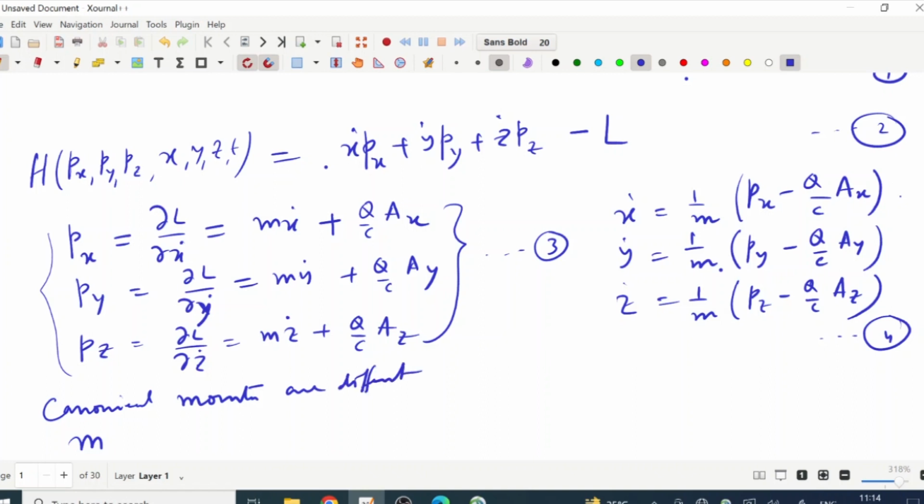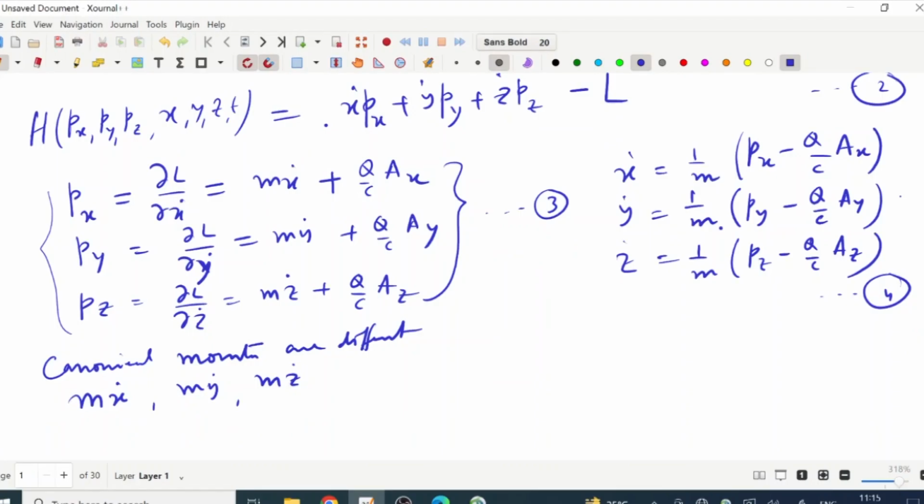In most cases the canonical momenta and the mechanical momenta are the same, but in this case the mechanical momenta are m x dot, m y dot and m z dot. So, when we need to calculate forces, you will have to take the rate of change of the mechanical momenta, not the canonical momenta. Okay.